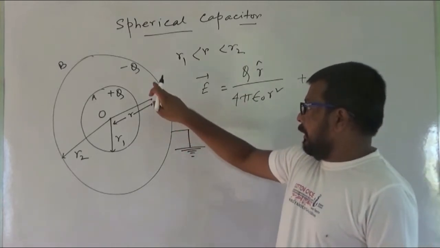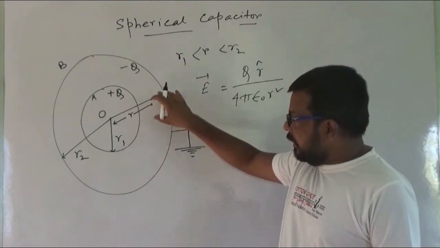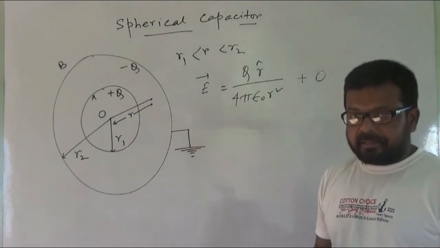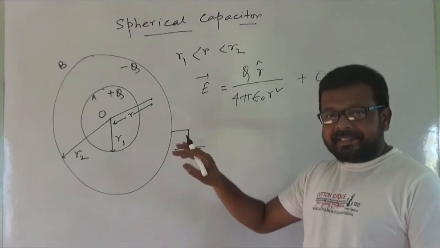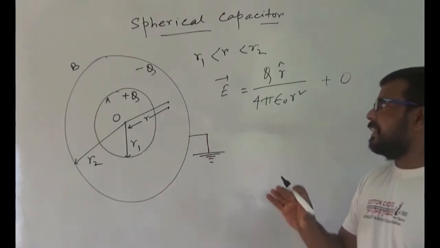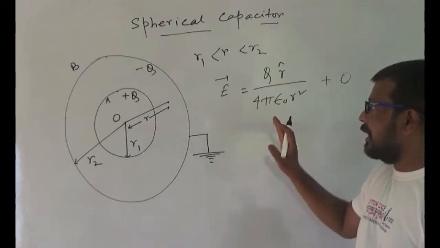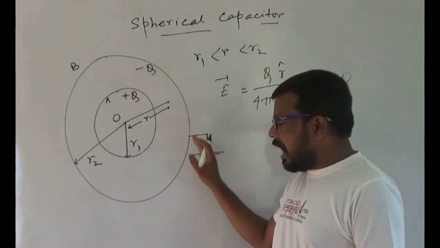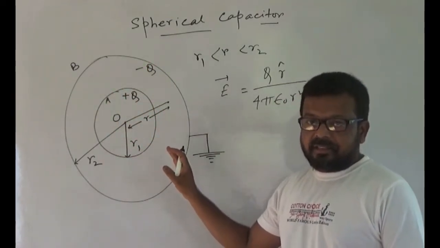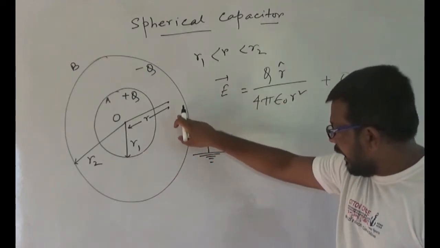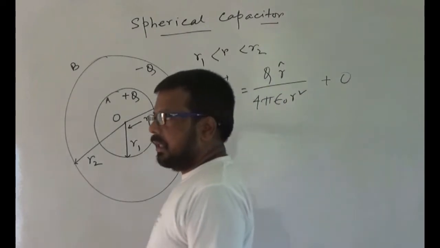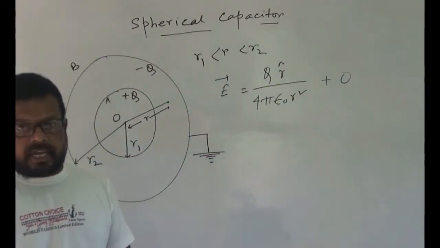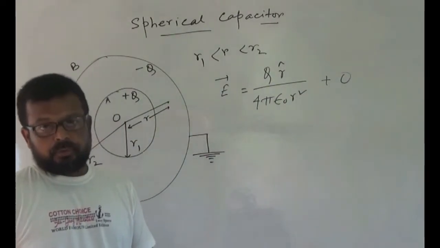Because the point in between the two spherical cells is inside the outer sphere. So the electric field due to the charged outer spherical cell will be 0 in this region, because we know that the electric field inside a charged conductor is 0.